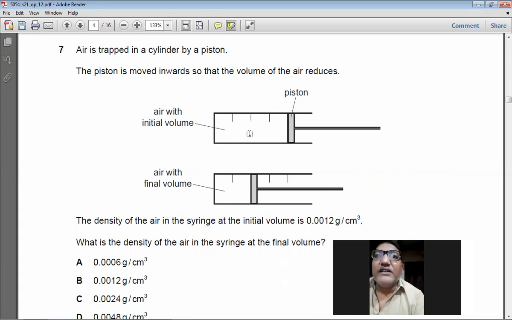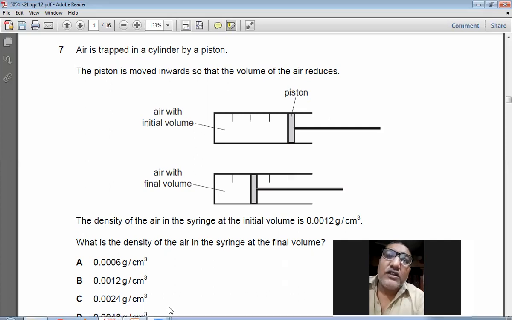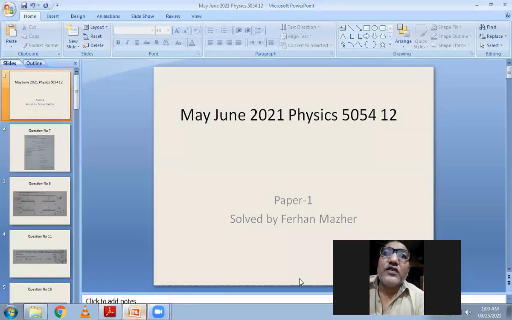In this question, the mass of the gas here and the mass of the gas here is the same, because when you reduce the volume, the temperature will change, the volume will change, the pressure will change, but the mass of the gas is fixed. The mass of the gas will not change. So we are talking about the density. The volume has reduced and the mass is still the same. Let me show you how I have done this.